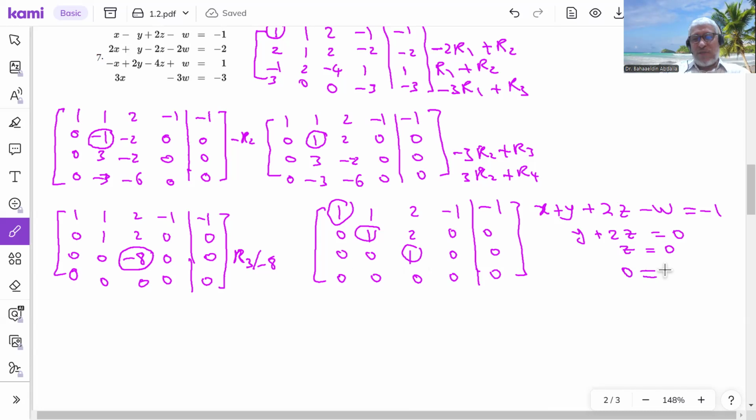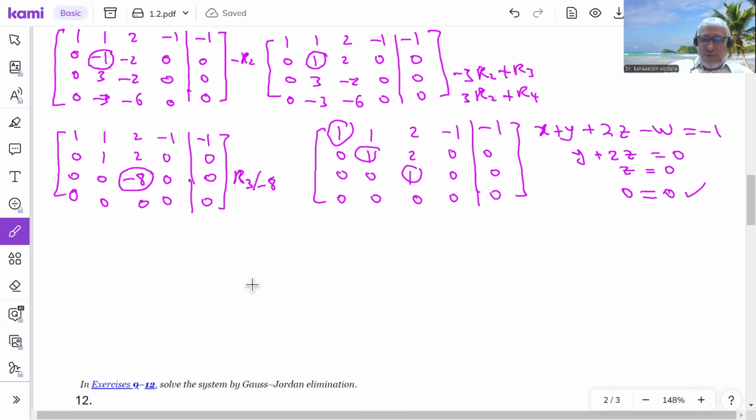And the last equation, 0 equals 0, which is a correct statement, a true statement, but it doesn't give any information. So I know that Z is 0, and I have W as a free variable because it has no leading one. So let W equal T. And I have Z is 0. So what would be Y? Well, if you look here, Z is 0, so Y is also 0.